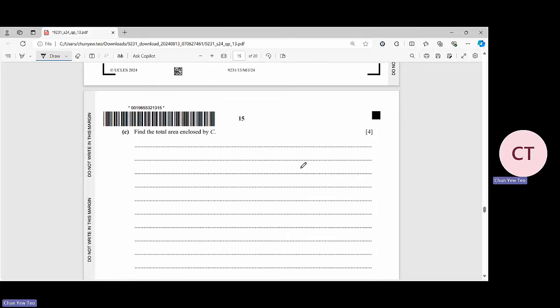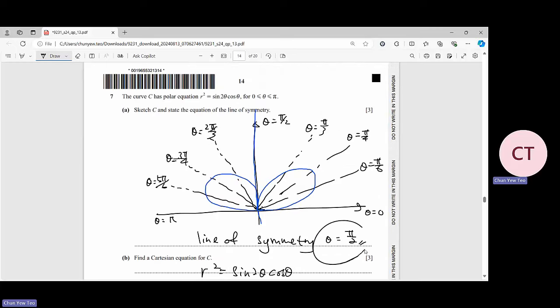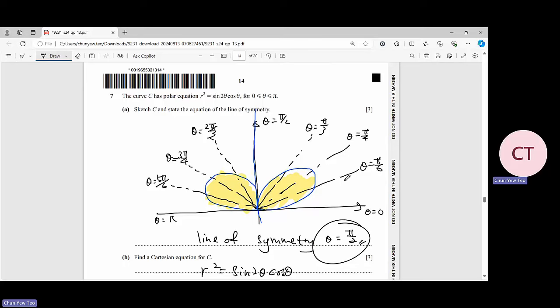And now we move on to the C, the area enclosed by C. To find the area enclosed by C, because you can see that this is a symmetrical line, the area that you have over here and the area that you have over here are the same. You just need to calculate the area of one petal, then multiply by 2.